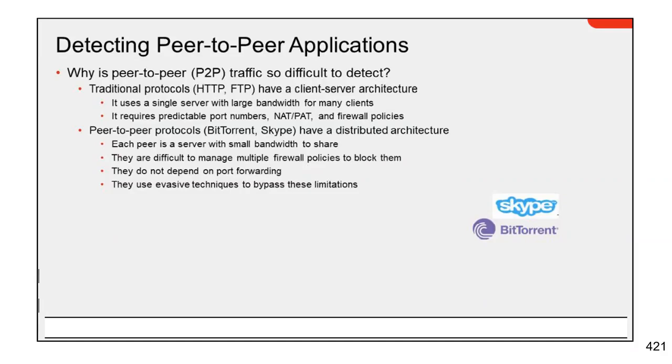Now when these P2P applications were designed, they had to be able to work without any assistance. That's why it was called P2P, peer-to-peer. They were designed to work without any assistance or cooperation from whatever network administrators were there at that moment of time.